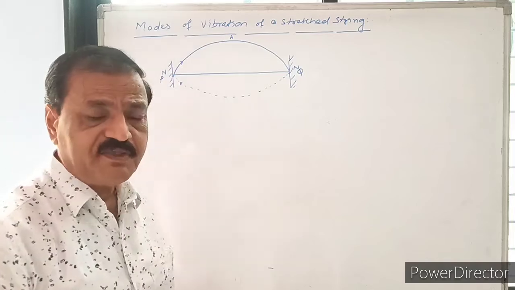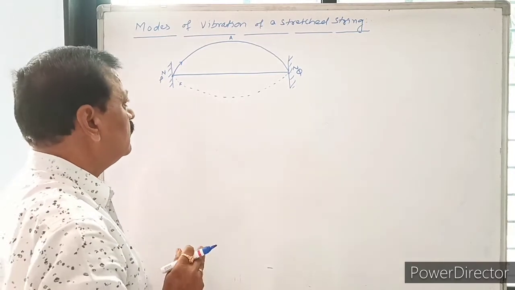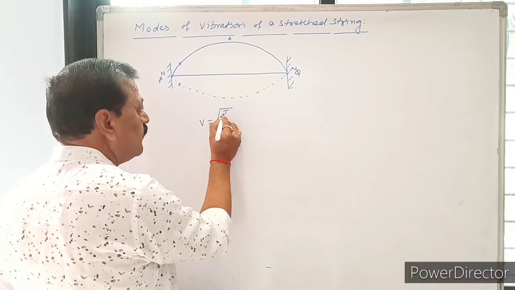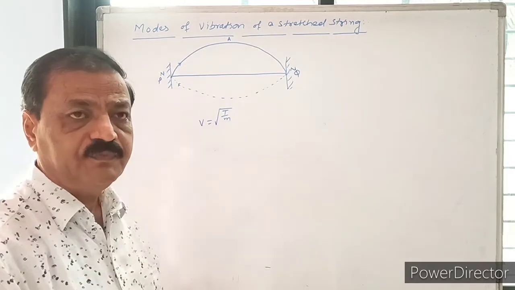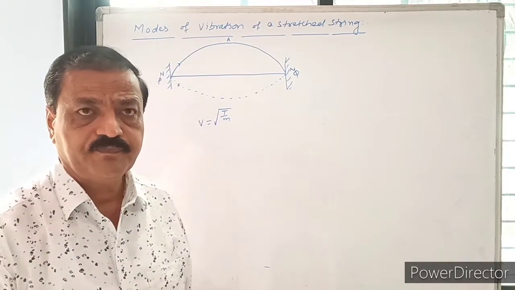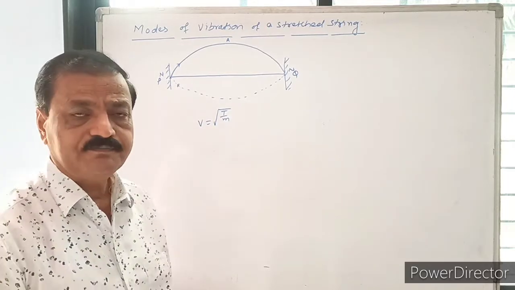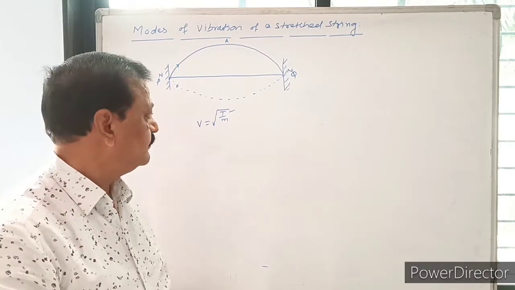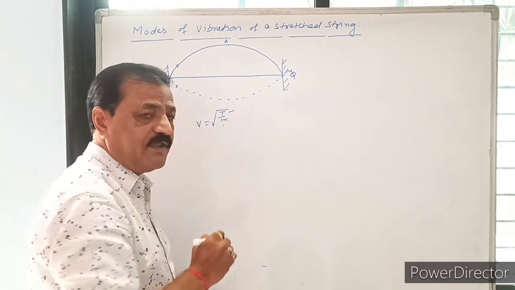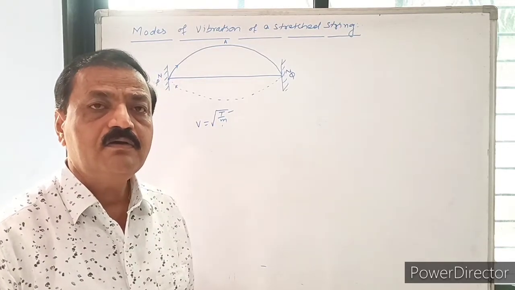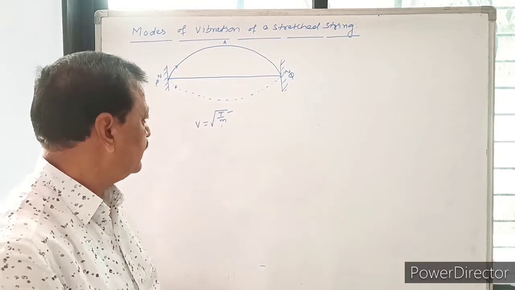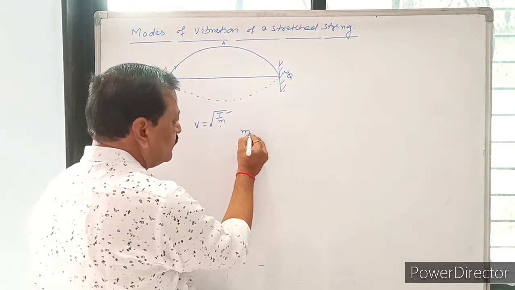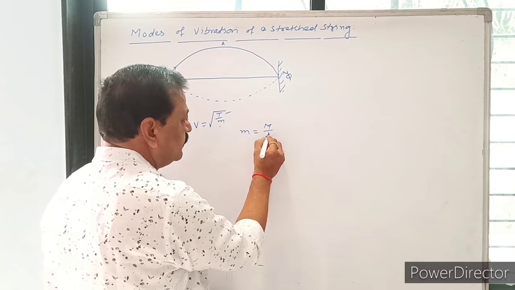A transverse stationary wave will be produced in the string. So the velocity of that transverse wave is v equal to root of T by m. V is the velocity, T is the tension in the string, m is the mass per unit length or linear density. Small m is equal to capital M upon L.